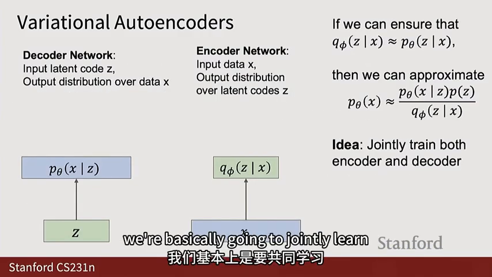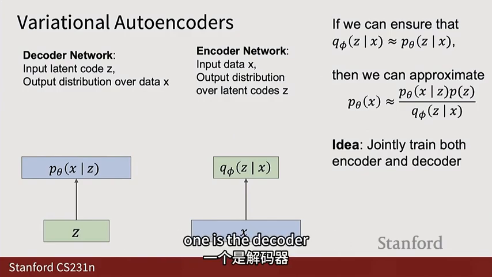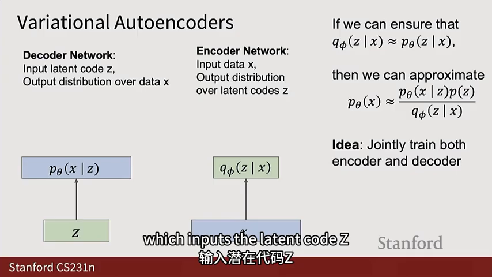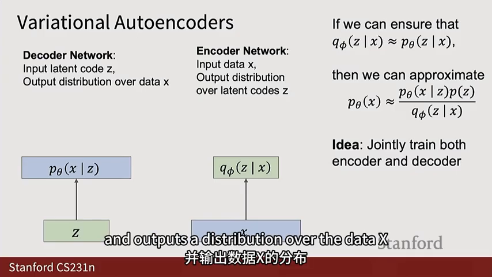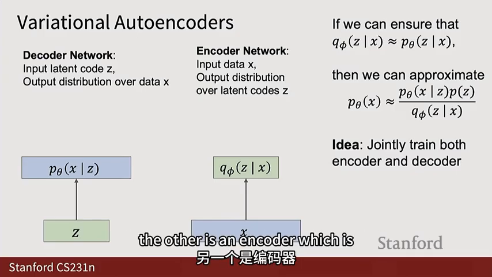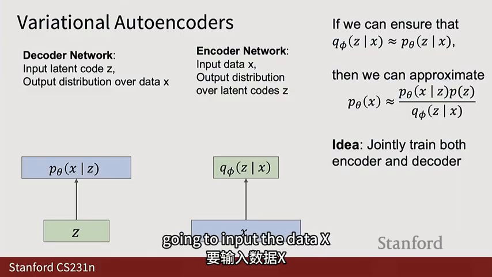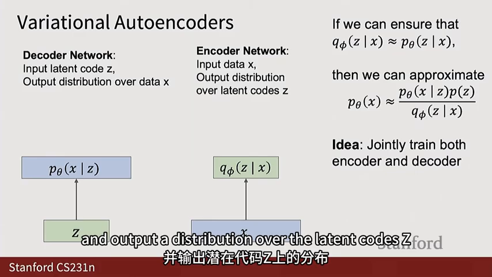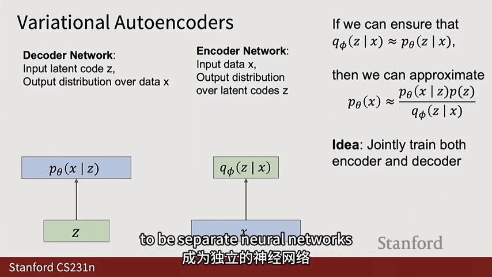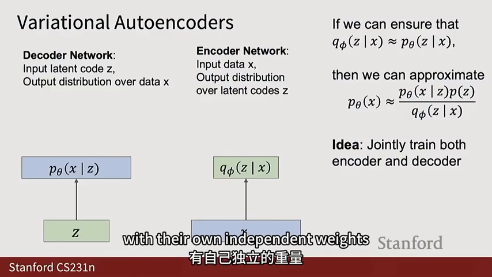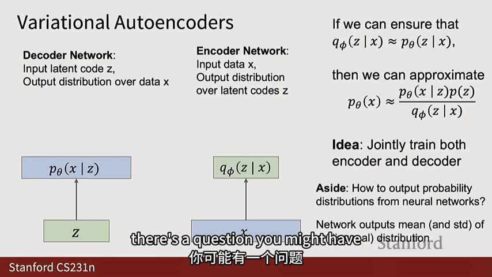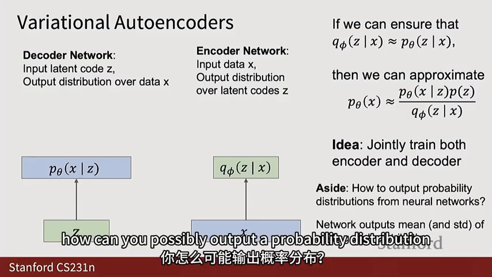We're basically going to jointly learn two different neural networks. One is the decoder, which inputs the latent code z and outputs a distribution over the data x. The other is an encoder, which is going to input the data x and output a distribution over the latent codes z. Each of these are separate neural networks that are separately trained with their own independent weights. There's a question you might have, which is, how can you possibly output a probability distribution from a neural network?